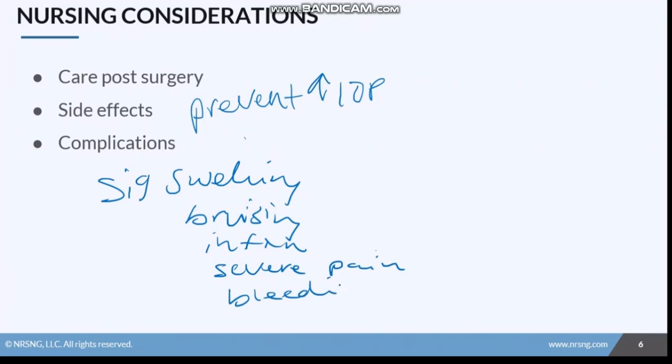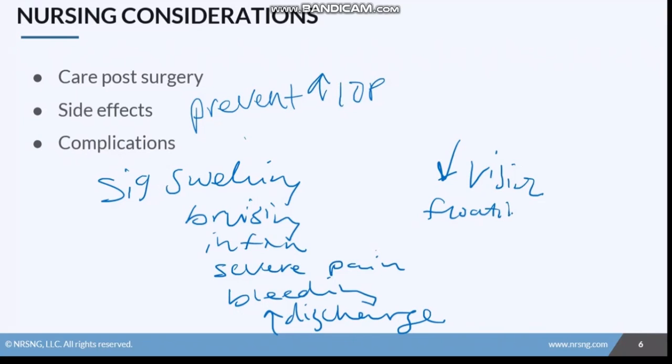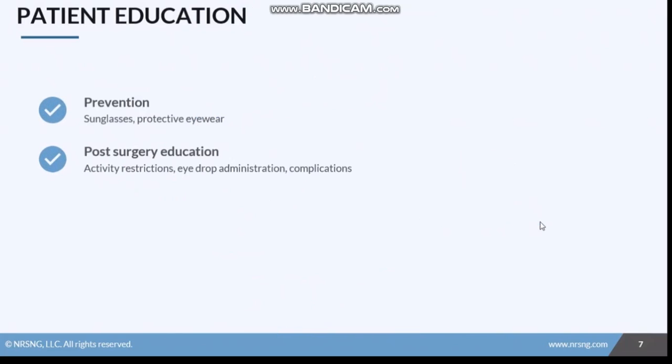Bleeding, increased discharge, or yellow discharge, decreased vision, or floating shapes. Those are all abnormal findings, and they need to be reported to the provider right away.